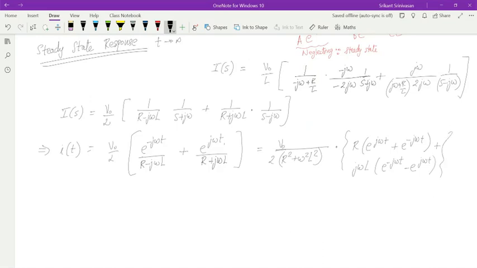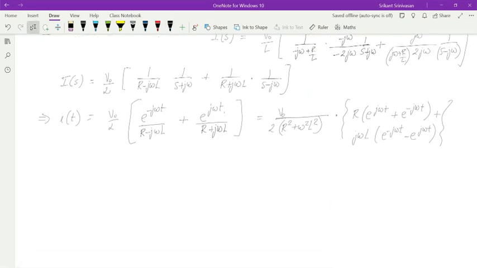Right? So that's what we are getting. You have to check this algebra on your own later on. As I'm doing it live, there may be some mistakes, but I think it seems fine so far.